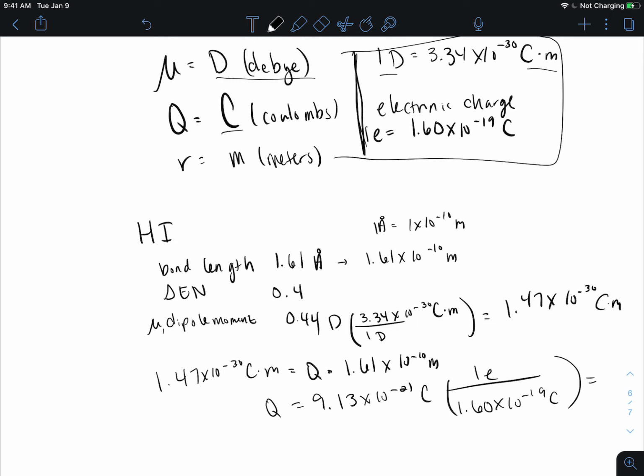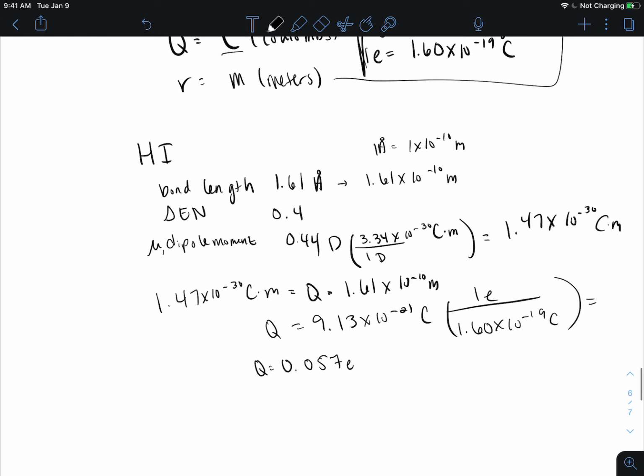And this gives us a value of 0.057 E. So if we had a full 1, we would have transferred an electron. But we did not, so we would say that our hydrogen has a 0.057 positive, and then our chlorine a negative 0.057 electronic charge on it.